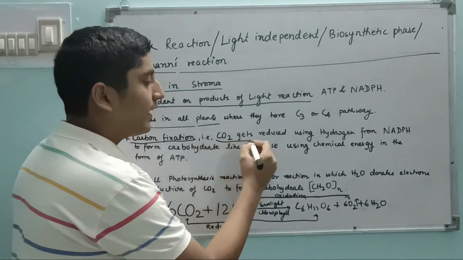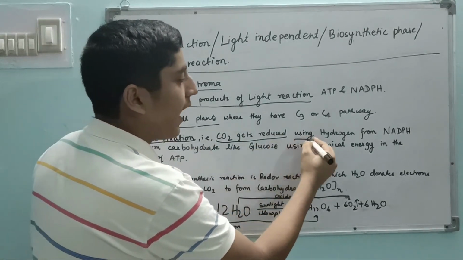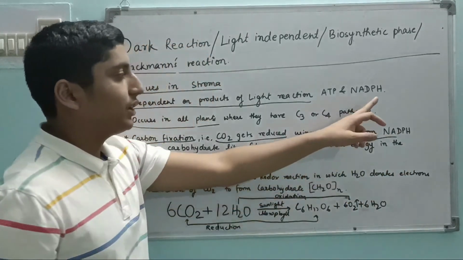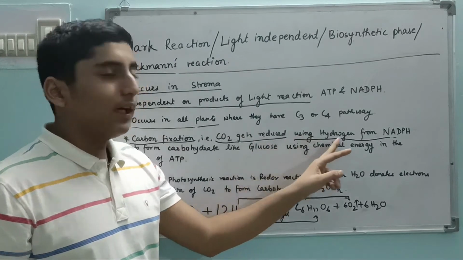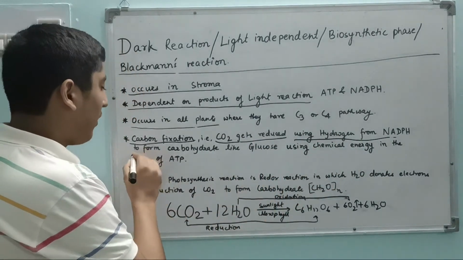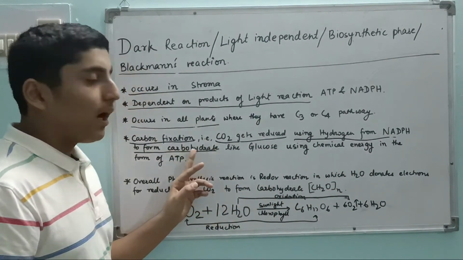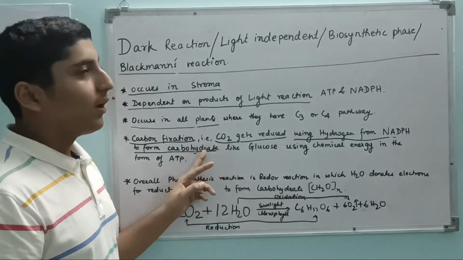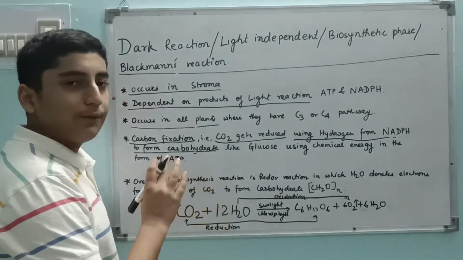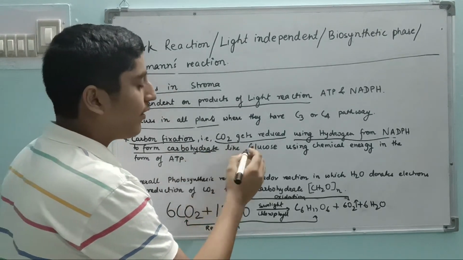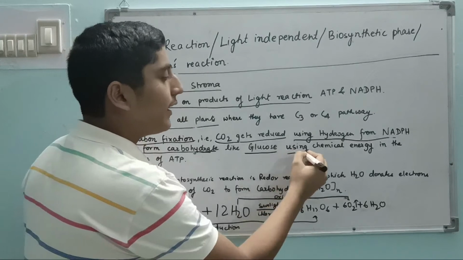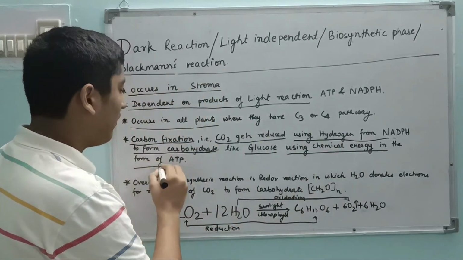That is, CO2 gets reduced using hydrogen from NADPH to form carbohydrate. This is the ultimate product which forms in the dark reaction. What is the type of carbohydrate? Glucose, using chemical energy in the form of ATP.